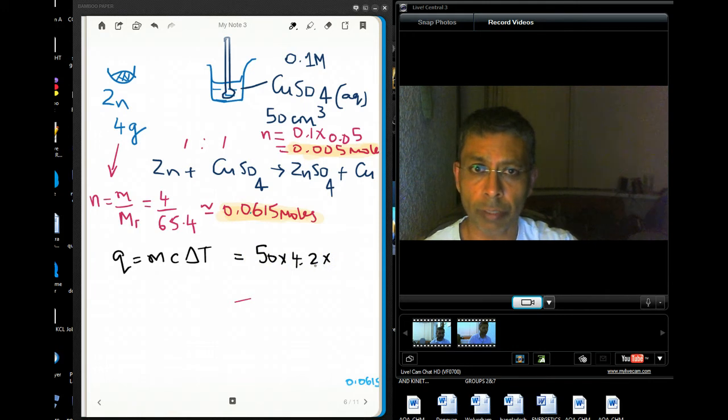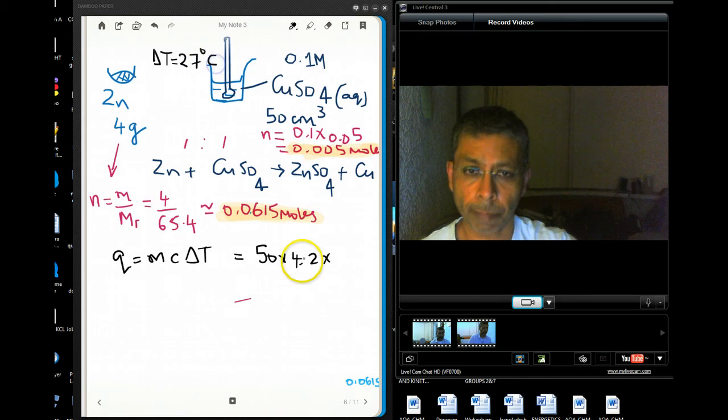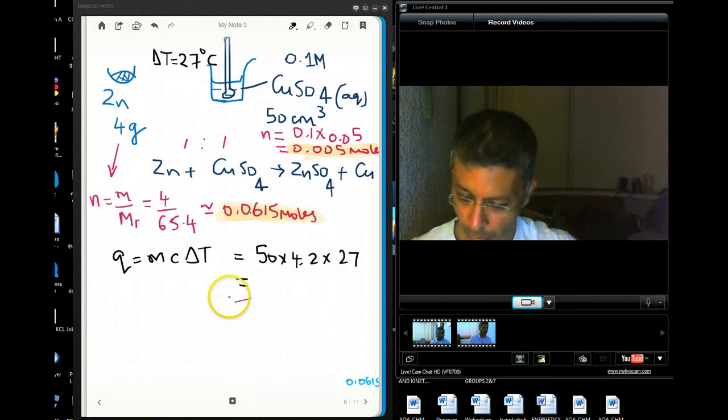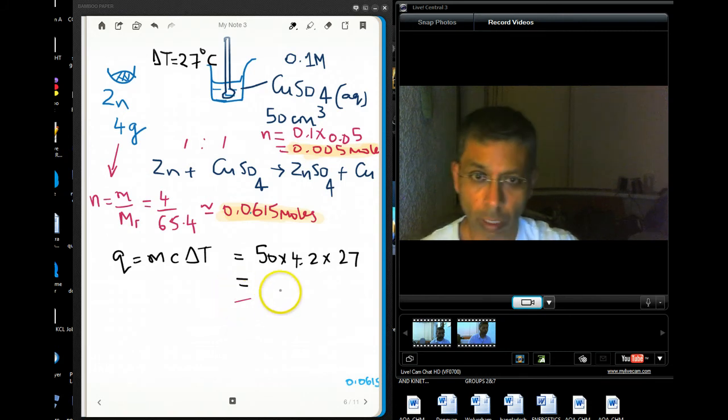Now, I haven't given you a temperature change here, so I'll say that the temperature rose by 27 degrees C, which is the same as 27 kelvin. Delta T is the same, remember. So 50 times 4.2 times 27 equals 5670.